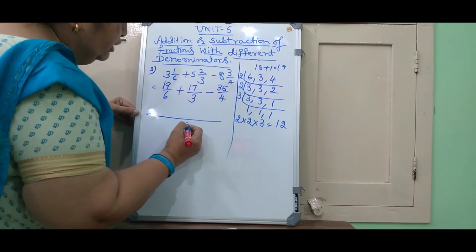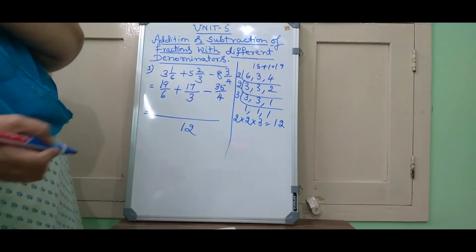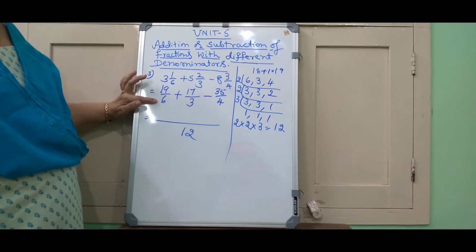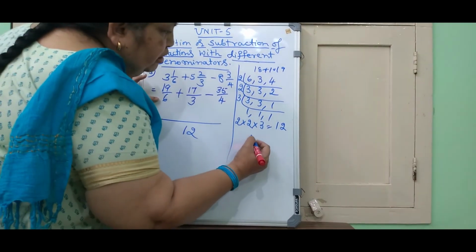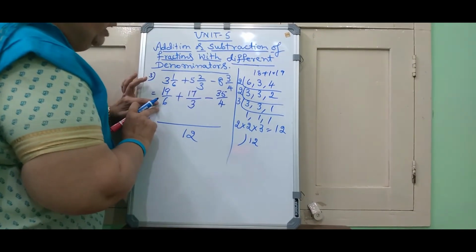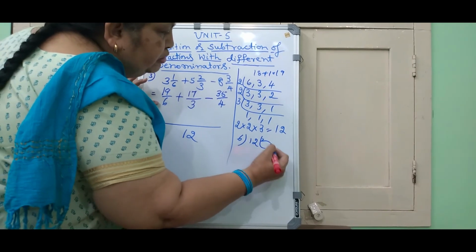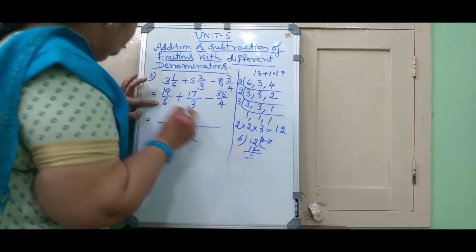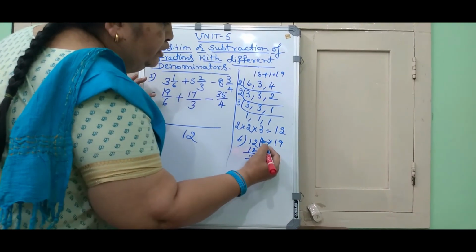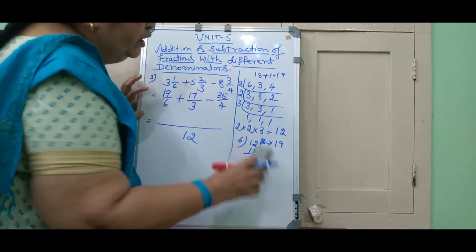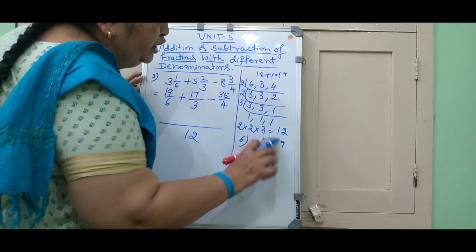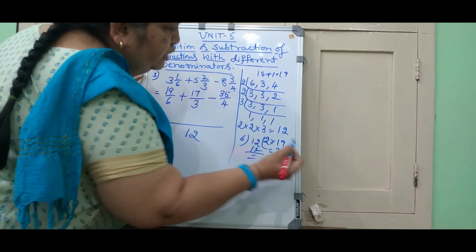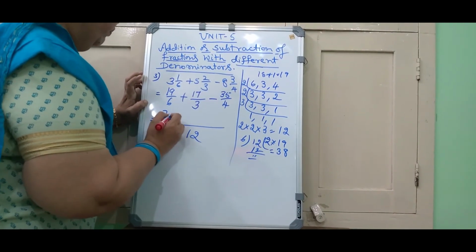Now let us write 12 as the denominator of the fractions. As I told you, the LCM is 12. The denominator of the first fraction is 6. 6 twos are 12. So this 2 must be multiplied by 19. 2 into 19 will be 38.